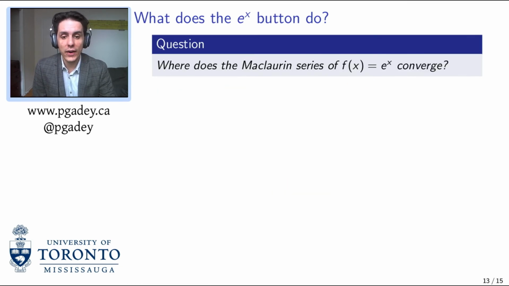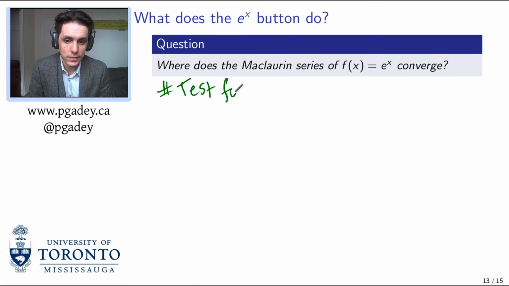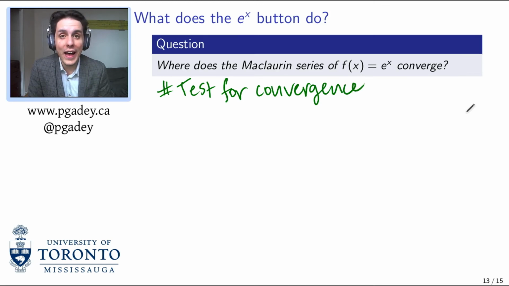Now we want to ask, what's the domain of this function? When is this function defined? We're going to figure out when the series converges. What values of x can we plug in that will make this converge?